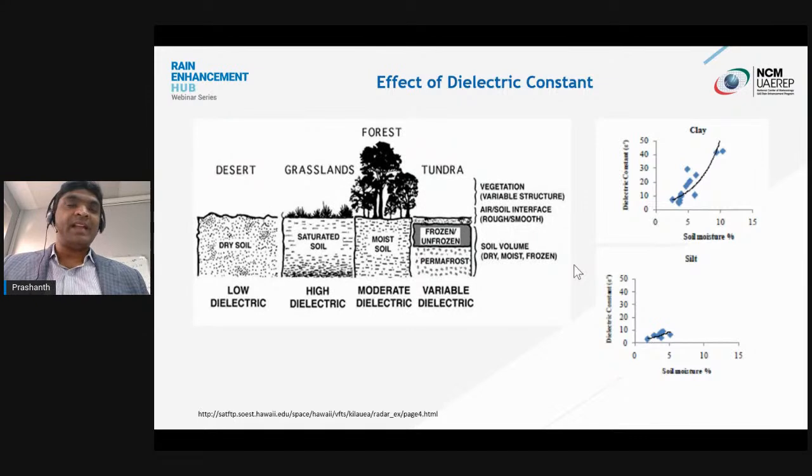Again, the variation of dielectric constant with respect to soil moisture differs from soil to soil, so this has to be modeled independently as well. For example, in clay, the dielectric constant increases significantly as the soil moisture increases, but in silty soils, it's not as rapid as we expect for clay.